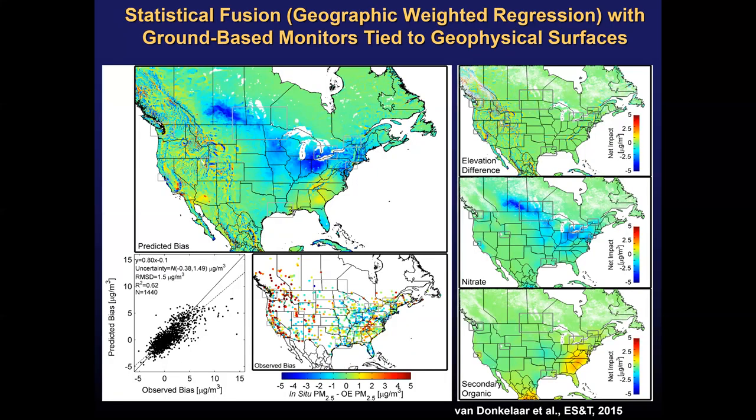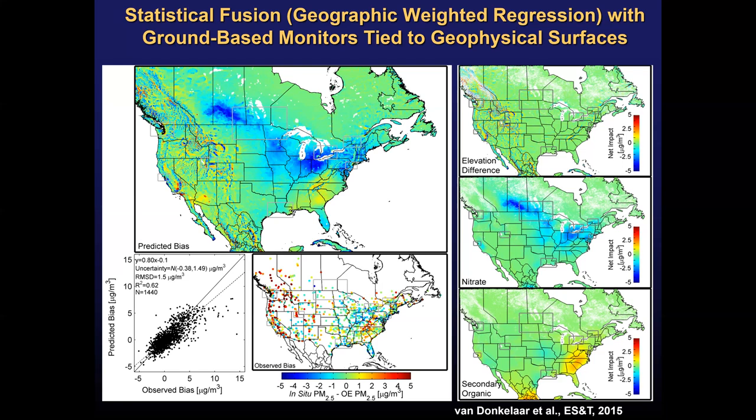Turning to the information contained in ground-based monitors about the distribution of PM2.5 chemical composition. At the bottom, you're seeing the bias between the predicted measure of PM2.5 mass and that measured by ground-based monitors, with smooth structures in the east and heterogeneity in the west.